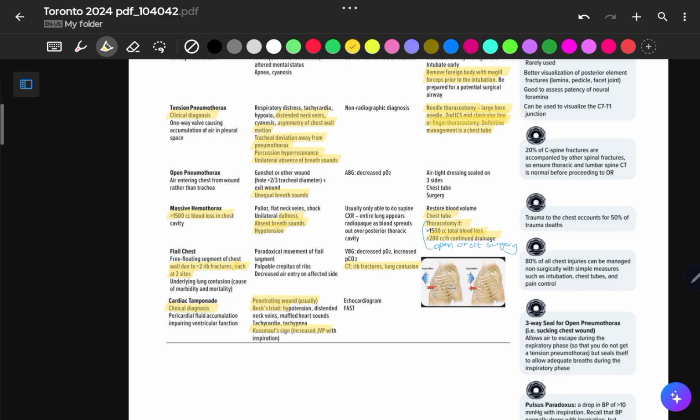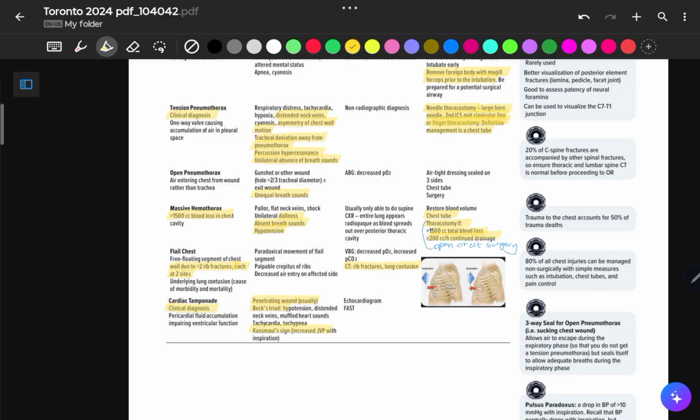Now, flail chest, what is that? It's a free-floating segment of the chest wall. You have more than 2 ribs that are broken on 2 sides, one side, then the second side, and it's free floating. Usually you have an underlying lung contusion.